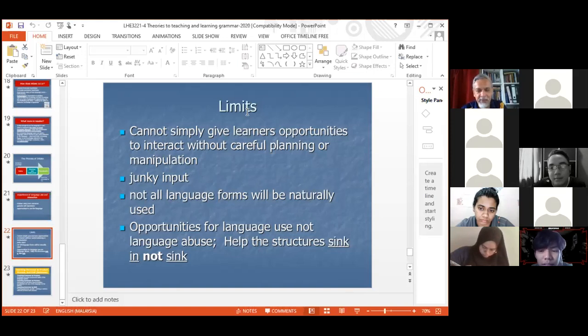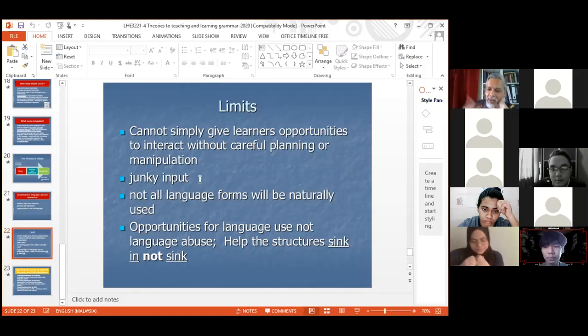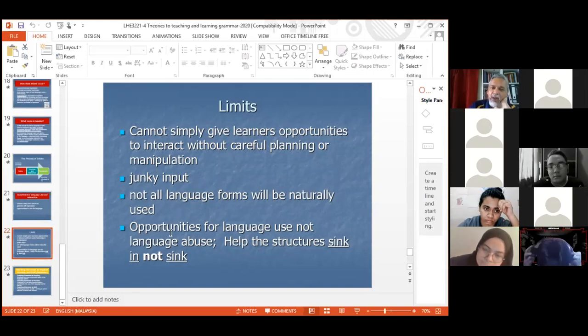Is it self-expression? To some extent, yes, because nobody knows what Yasin ate. Okay, so they go find out from their friends and then they report. So they're using past tense rather than just simply having a question sheet, or practice sheet where they just put in the past tense.